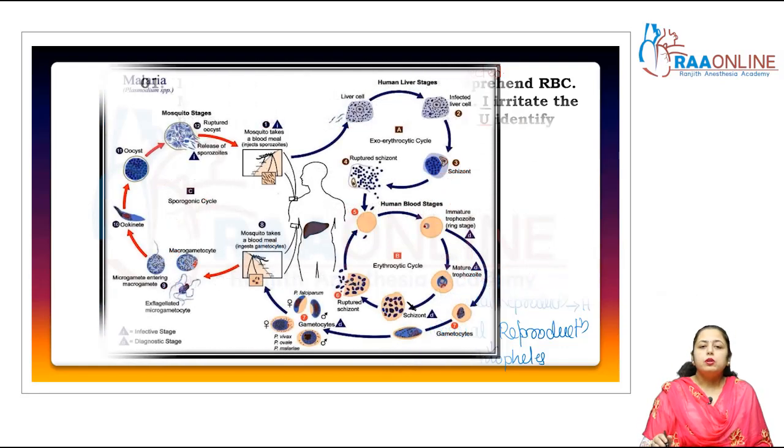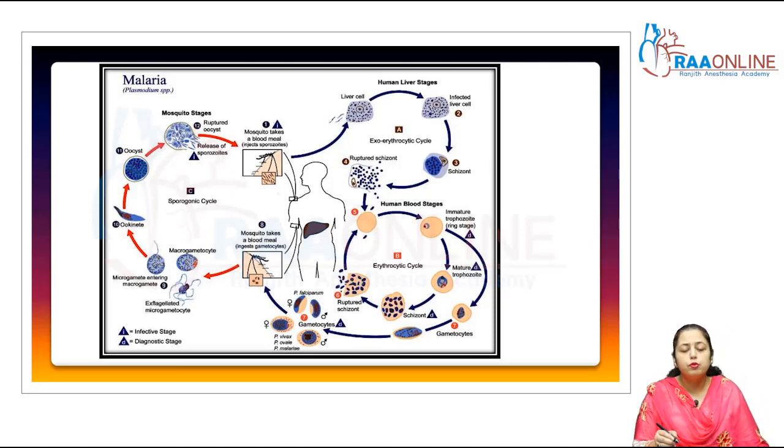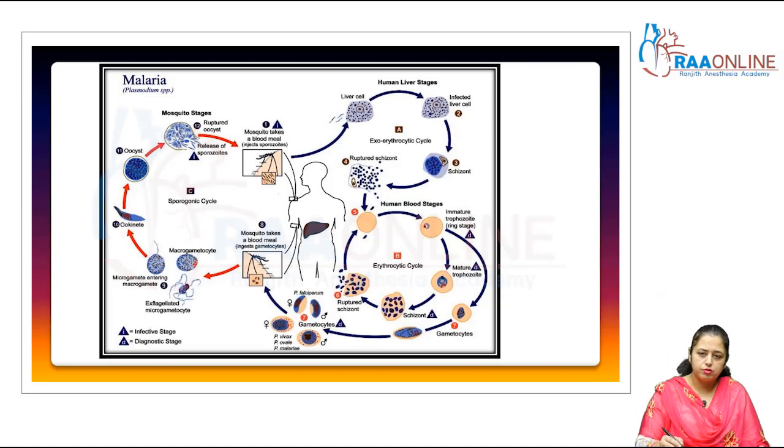Right, so when we talk about the malarial cycle of Plasmodium, what will happen here? When a female Anopheles bites a human, what will happen? In the salivary gland of the female Anopheles, the sporozoites are present, which are responsible for causing the disease in humans, right?